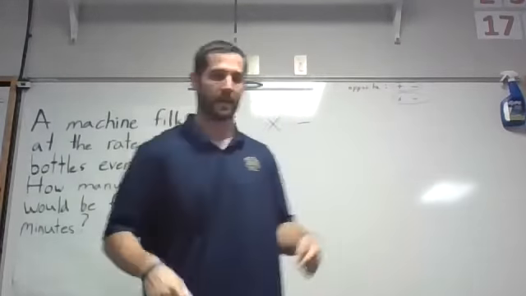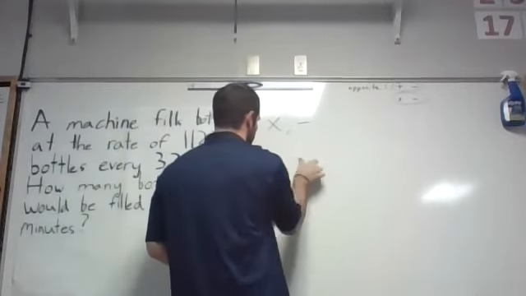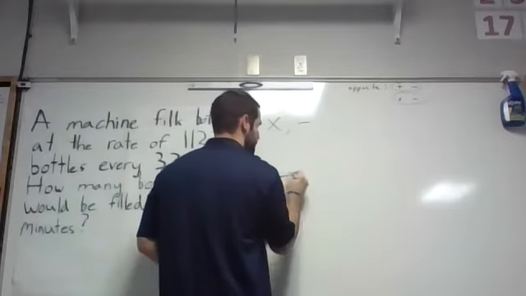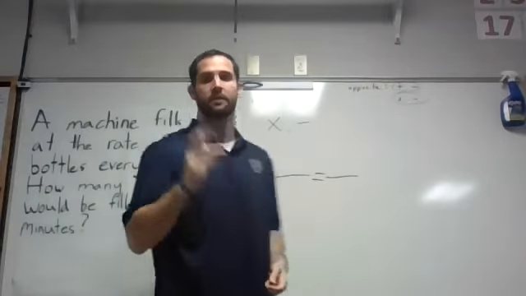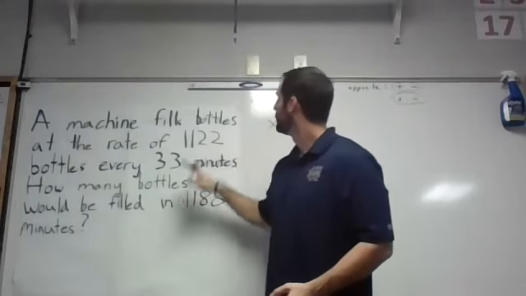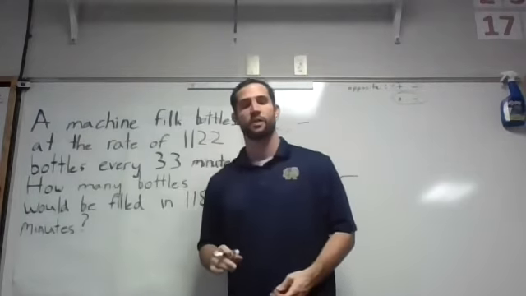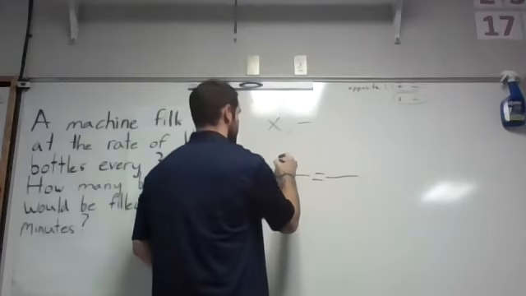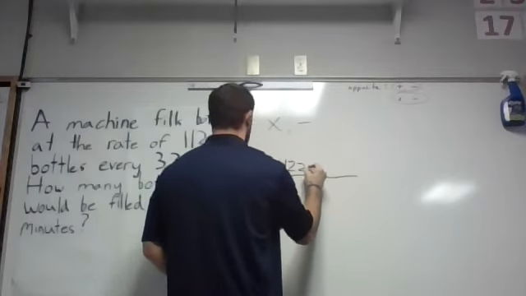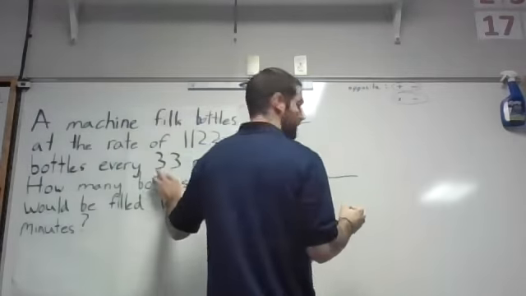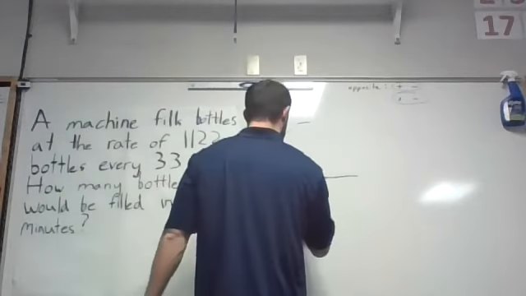All right. As you remembered, like how I showed you, apply equivalent fractions. Find the clues. 1,122 bottles for every 33 minutes.